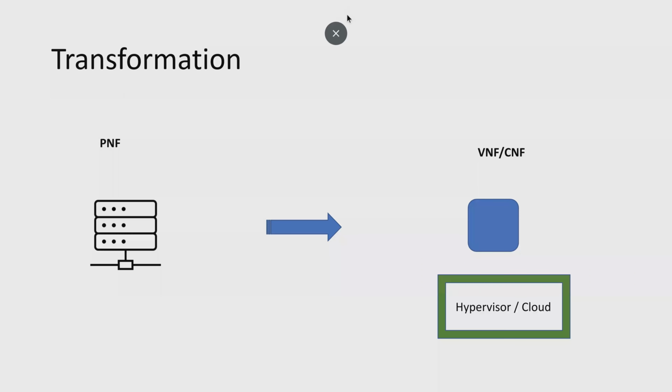That's how your virtual network function, the VNF, has come into the picture, which runs on any hypervisor, for example KVM and ESX from VMware, or you can call it vCenter. In a similar fashion, if your network function is containerized, we call it a CNF.